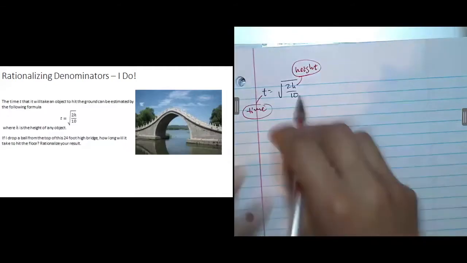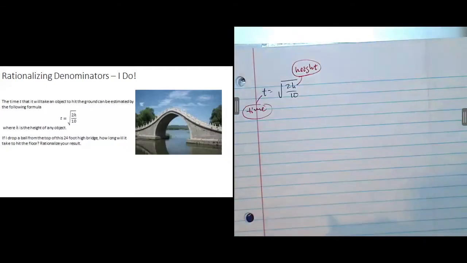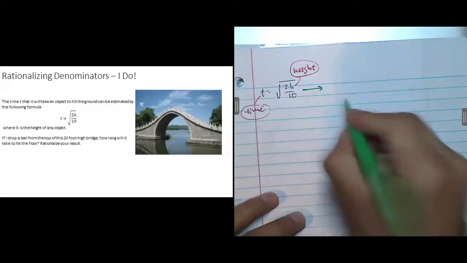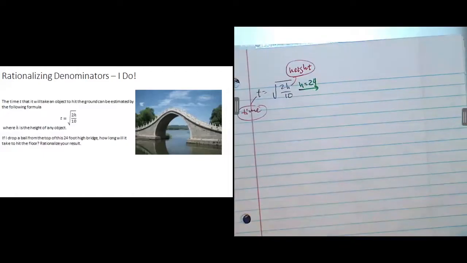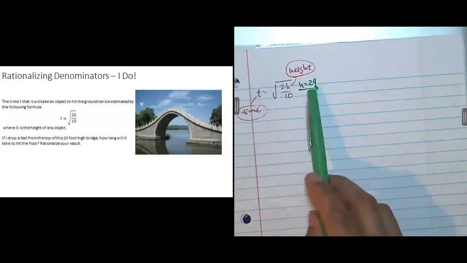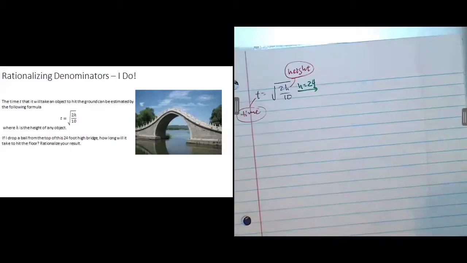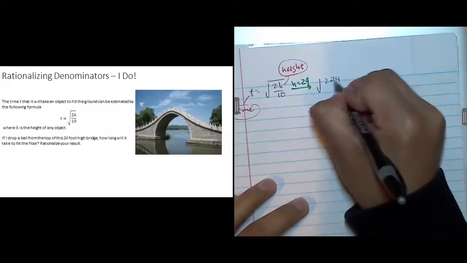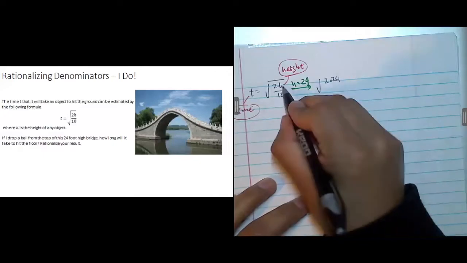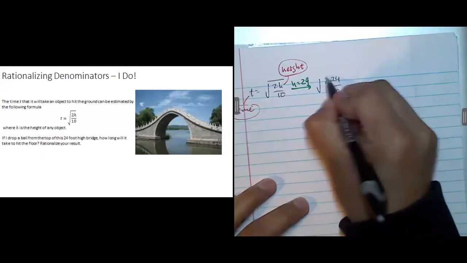In the question portion of the problem, it says that the height is 24. So h is equal to 24. Much like the last problem, all we're going to do here is just substitute. So 2 times 24, replacing the h with the 24, over 10.